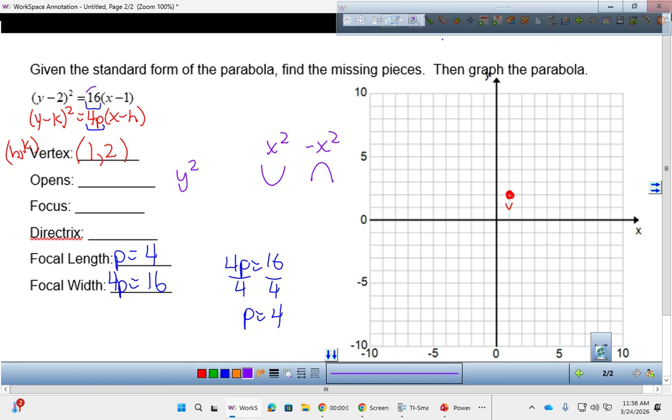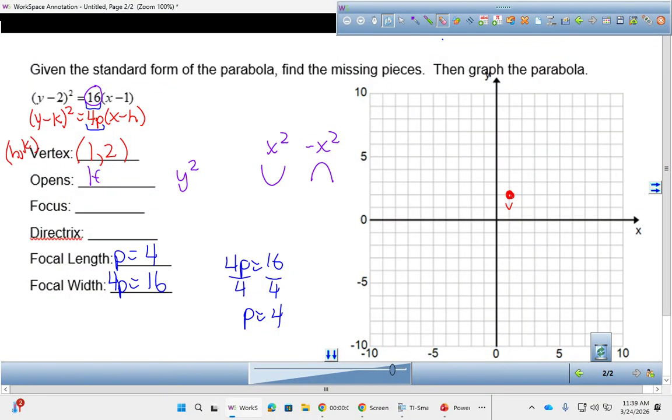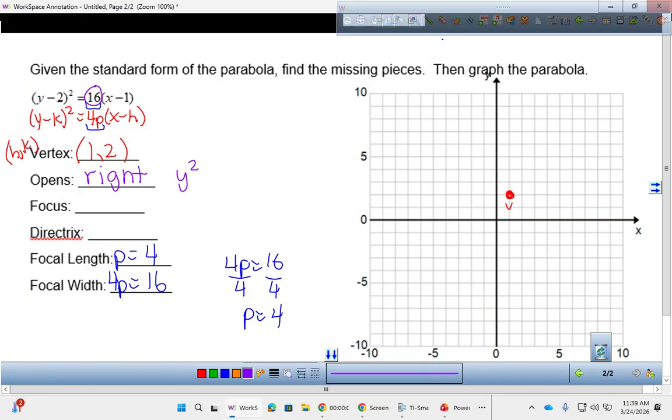And because this 16 here is positive, I know it's going to open in the positive direction. Positive would be the right. If that was a negative 16, it would go to the left. So this is going to open to the right, because it's a positive 16 and it's a y squared.